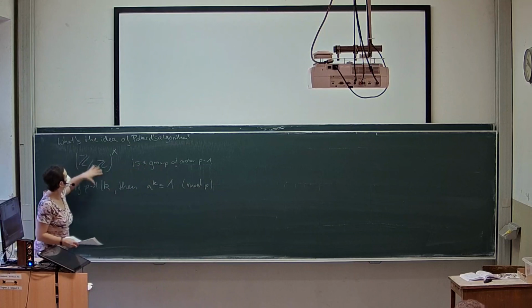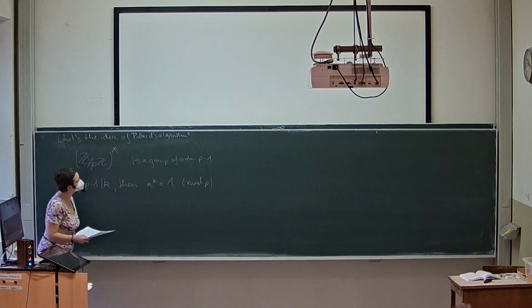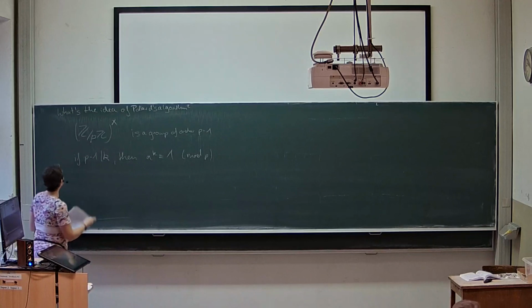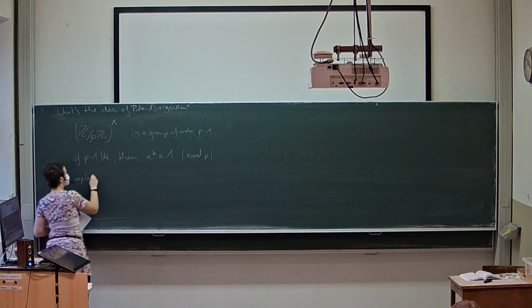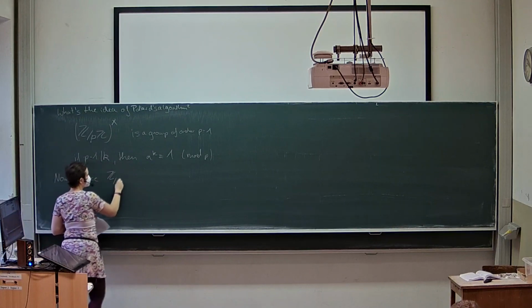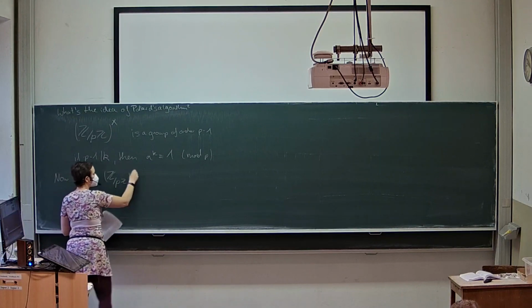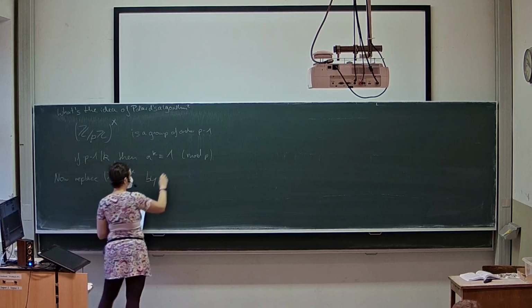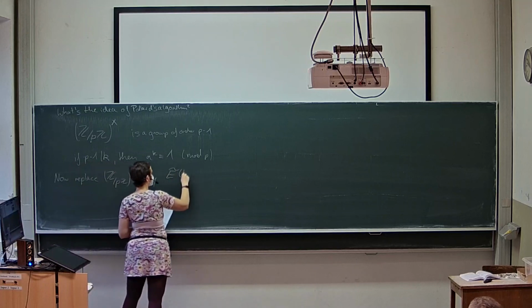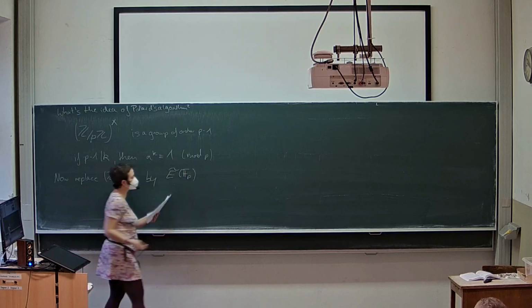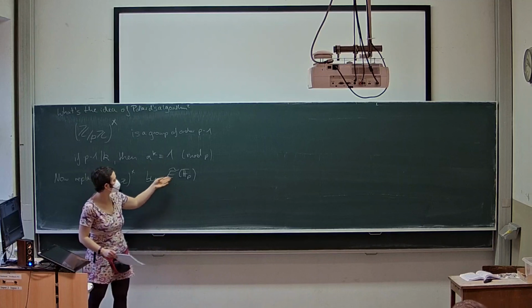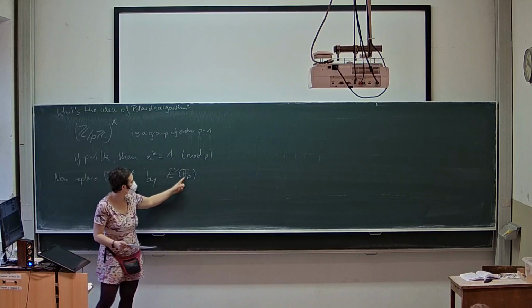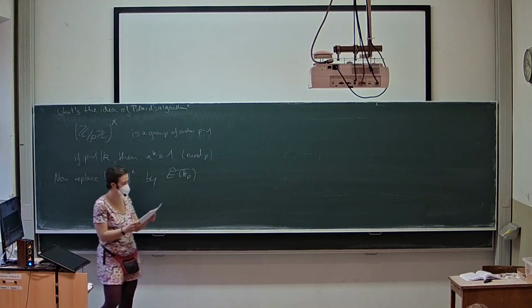Now we want to replace this by something with elliptic curves. Namely, we take an elliptic curve that is already defined over Fp, or we take an elliptic curve and look at it modulo P, and then we look at the Fp-rational points.